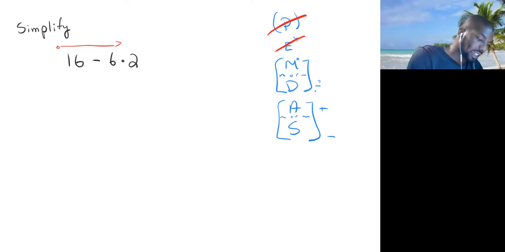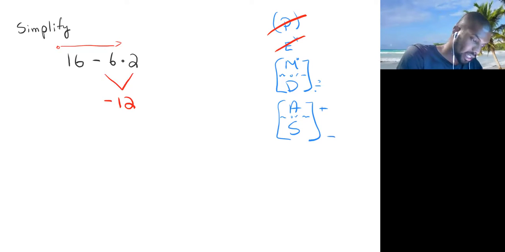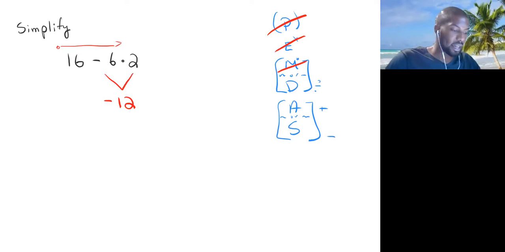Now, technically, it's a negative 6 times 2, right? So I can say it's 6 times negative 2 is negative 12. So that takes care of my multiplication, so I can strike that out. And then I didn't have division, so I can ignore that. Do I have addition or subtraction?